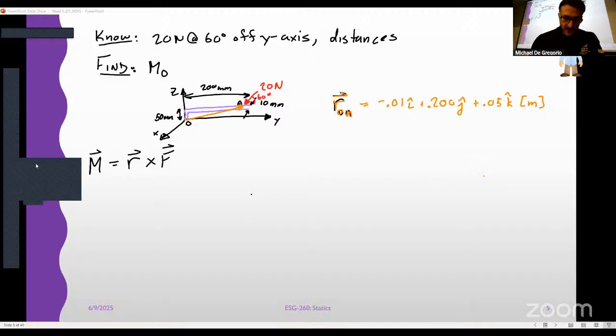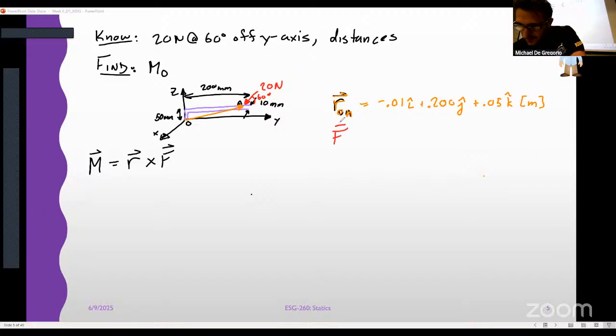Great, force vector. We were told that this is in the XY plane, and we're shown that it was. So this is going to be 20 sine of 60 degrees in the J. Look, it's pointing towards us, in the positive direction.